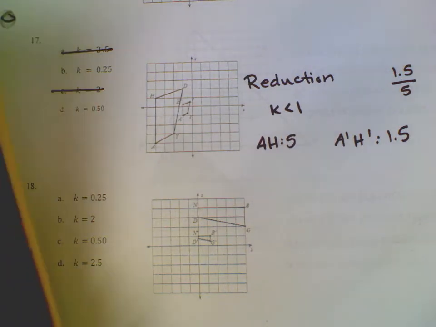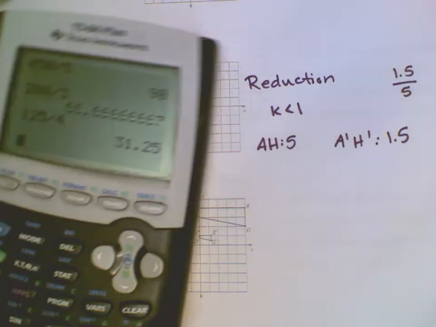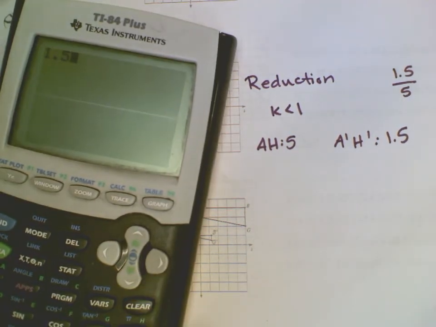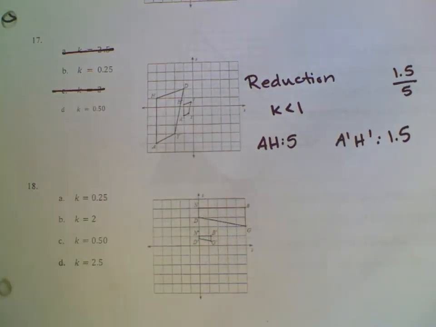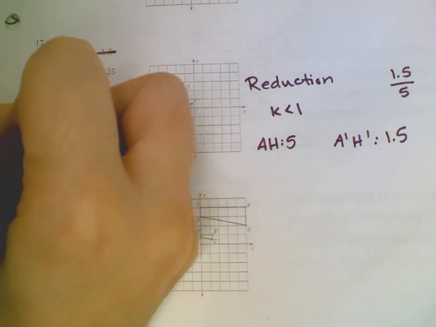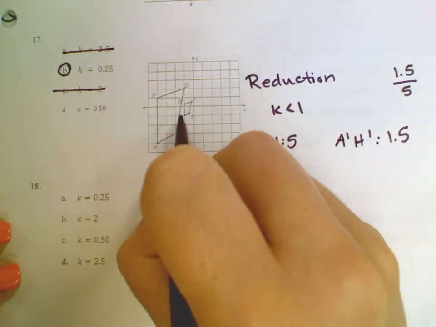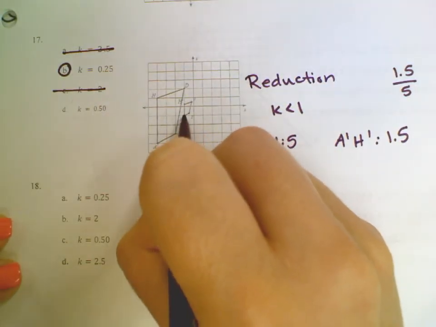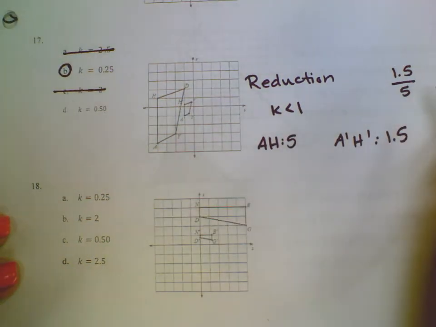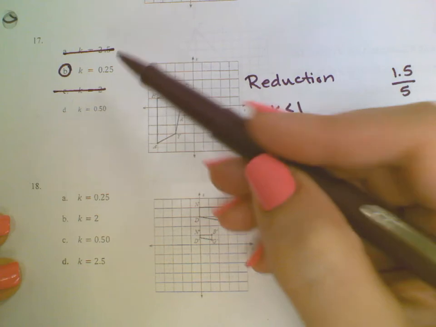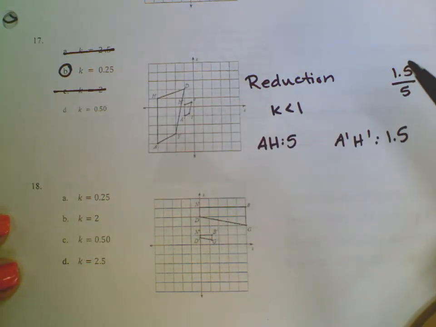That's when I'll bring my calculator in, and I can do 1.5 over 5, which gives me 0.3. 0.25 is the closest to 0.3. The reason I thought this was 1.5, it might have been 1 1/4, so that would have changed it a little bit. So I estimated, and then I chose the answer that was closest to it.